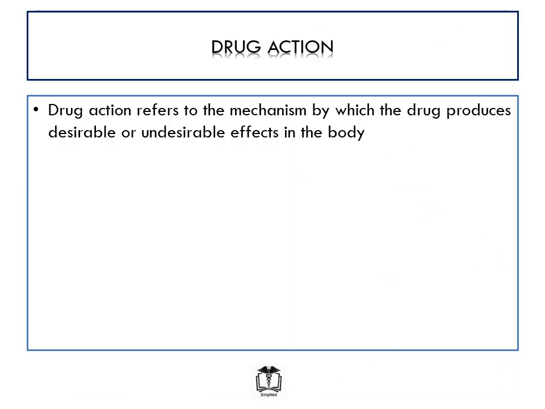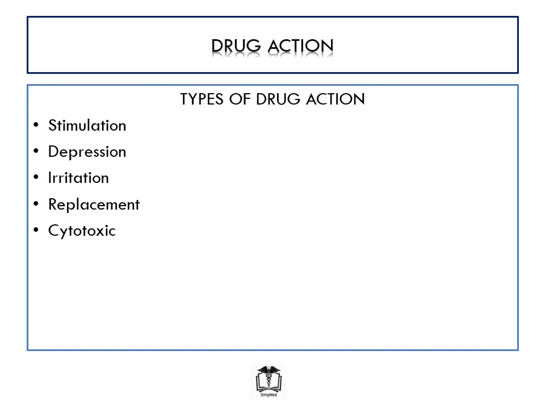Drug action, in terms of definition, is the mechanism by which a drug produces a desirable and undesirable effect. The key word here is the mechanism by which the drugs tend to act. And as I said before in the previous slide, drug action asks the question of how a drug will be working in the body. We have five major types of drug action, and these five types of drug action stem from the fact that drugs typically do not produce a new function in the body.